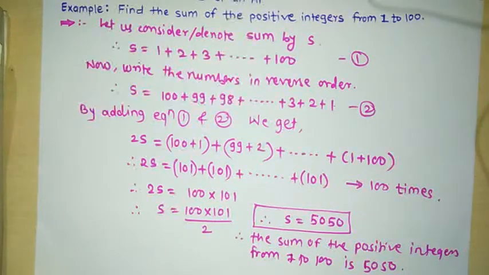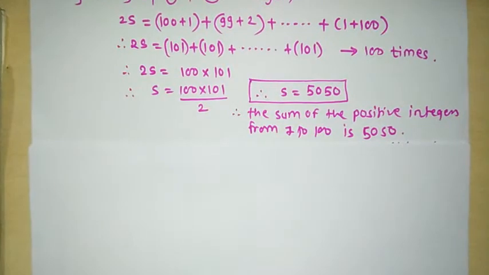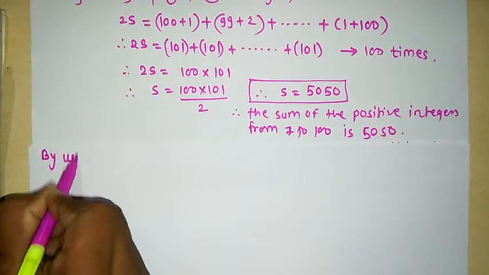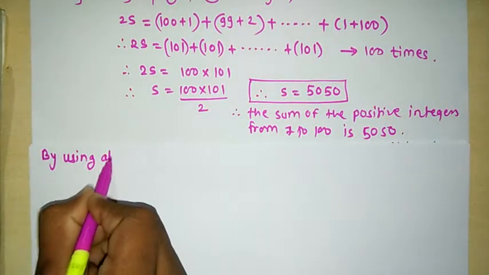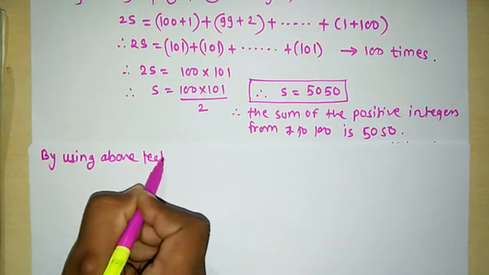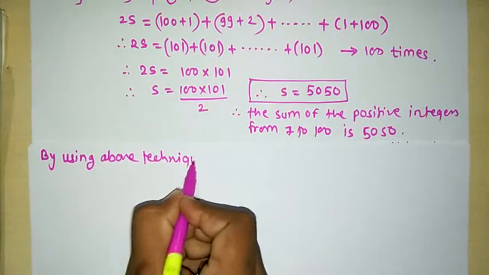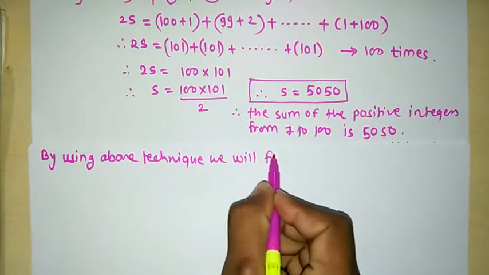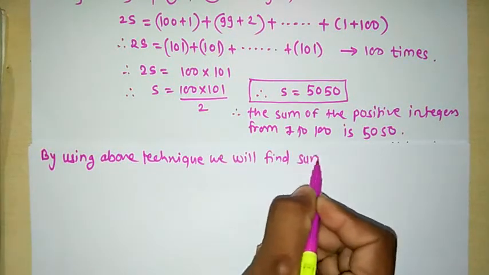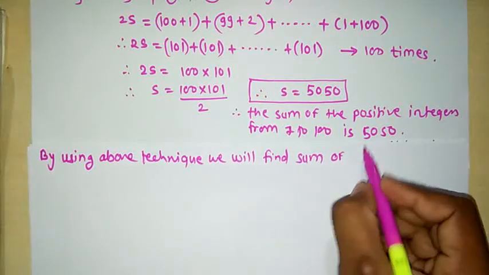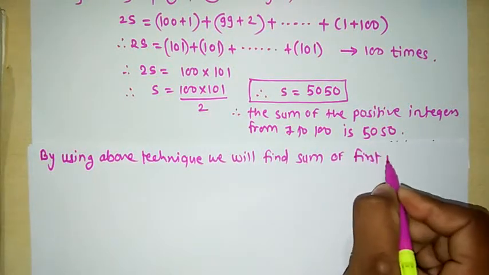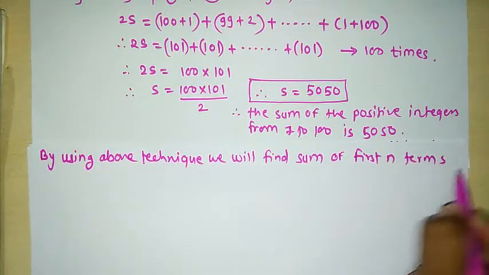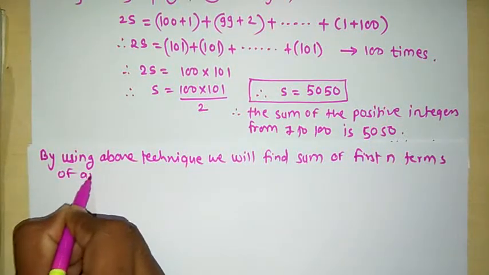Now by using the above technique we will find the sum of the first n terms of an AP.